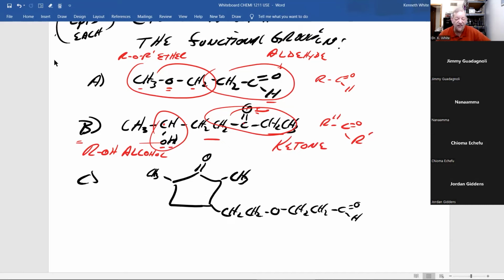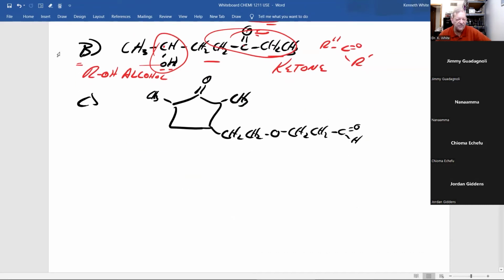All right, let's finally move on to C. If we look here, look for what's different. Oxygen, double bond to carbon, carbons here and here. And that's a ketone. Now, R and R prime are bonded together.